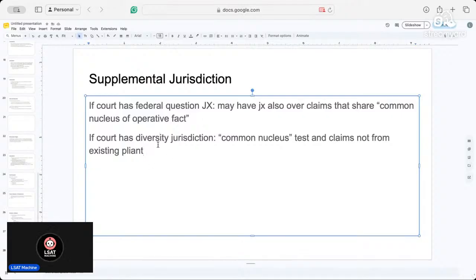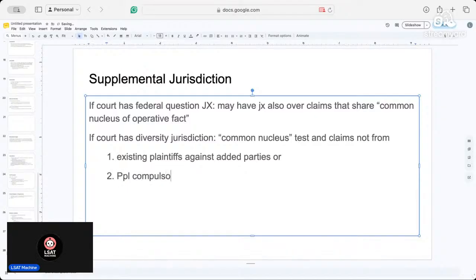Okay, sorry. Existing plaintiffs against third added parties. Parties not from, or people compulsorily joined or seeking to intervene. Okay.